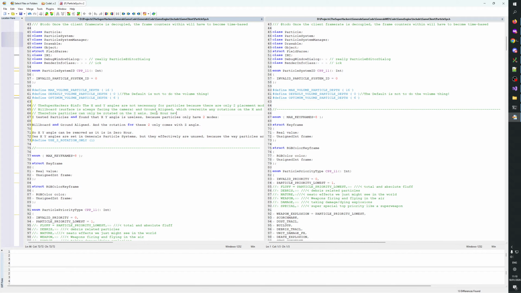Zero Hour never used them, but Generals did have them.